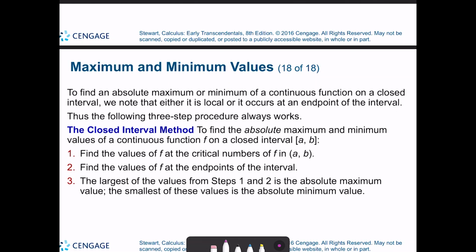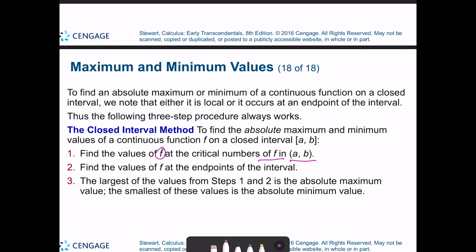And then there is the closed interval method, and this is what we're going to be using in our example problems. We need to know these 3 steps. It is necessary that we know these in order to be successful, especially going through this section. So step 1 is we want to find the values of our function at the critical numbers on the open interval.